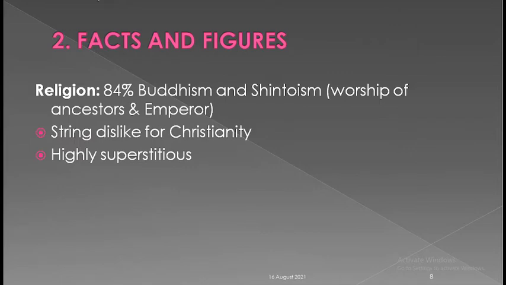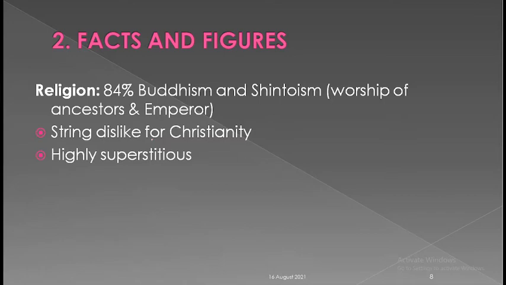In terms of religion, about 84% of the Japanese people follow Buddhism and Shintoism. They are very related. Shintoism is nothing but worship of ancestors. And they have a strong dislike for Christianity.